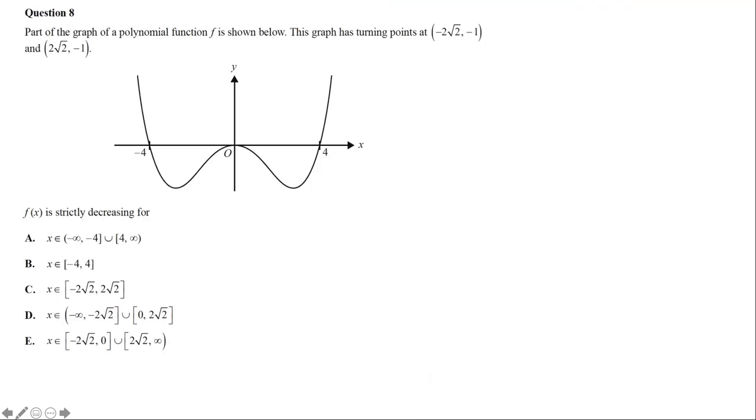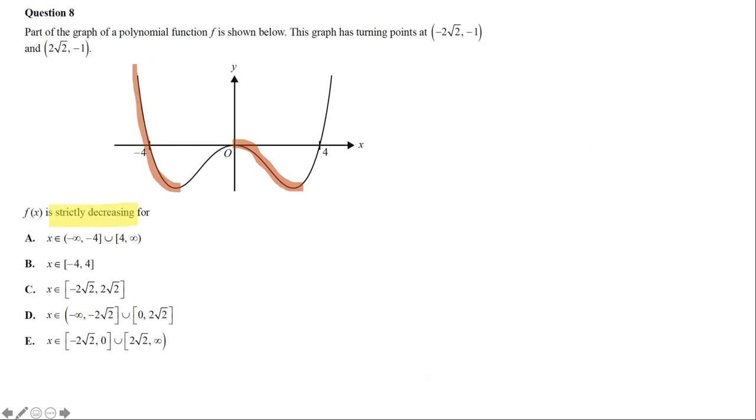Question 8. Part of the graph of a polynomial function f is shown below. This graph has turning points at x equals minus 2 root 2, and at x equals 2 root 2. We want f of x to be strictly decreasing, so I could choose this bit from negative infinity to the left turning point x value, and from 0 to x equals 2 root 2.